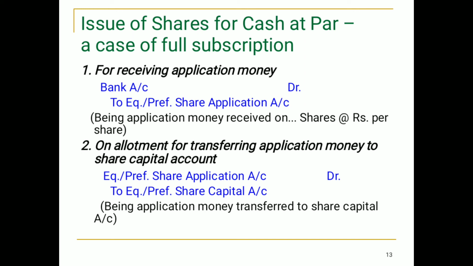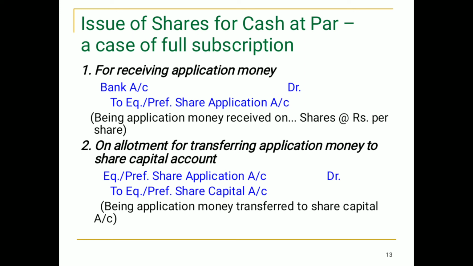Whichever type of share is presented in the question, you will add the same here. If it is equity share, you will write equity share application. If it is preference share, you will write preference share application. These are just the specimen entries. That's the reason they have written both.